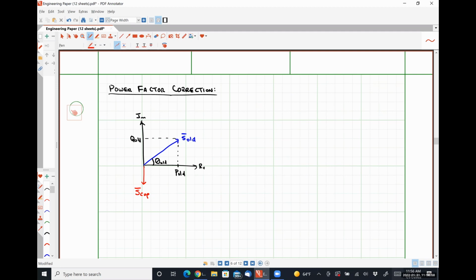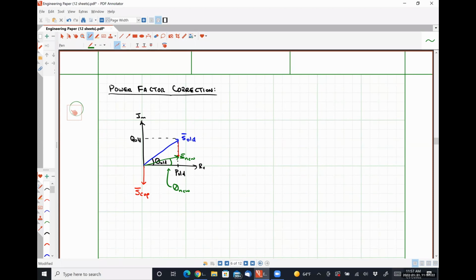So putting it there would be the same as doing this. And our resultant would be this one right here, which I'm going to call S new. And S new has an angle theta new, like so.